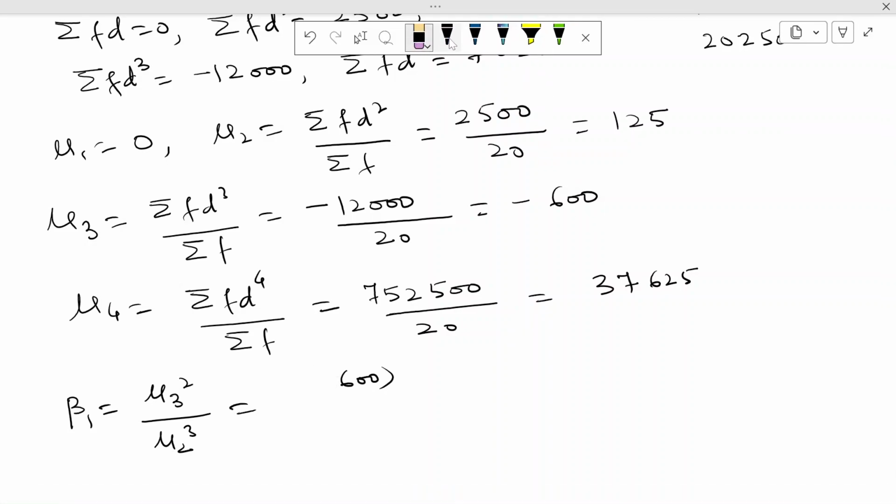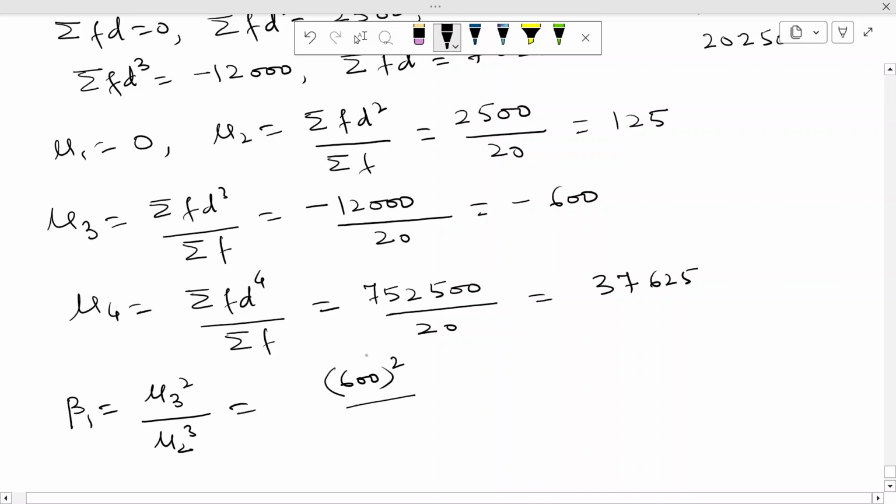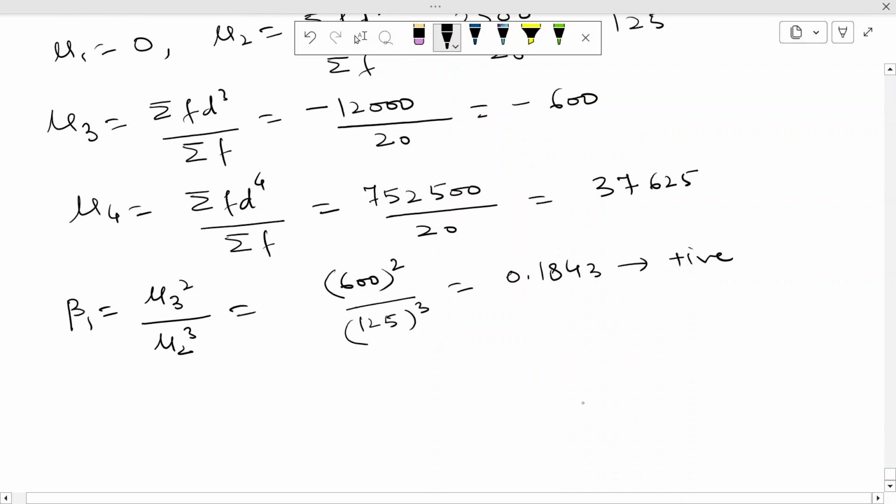So you can consider this as minus 600 whole square divided by mu2 cube, and our mu2 is 125. So this is 125 whole cube, and this gives you the value of beta 1 as 0.1843, which is again positive. So you have positive skewness in this case.